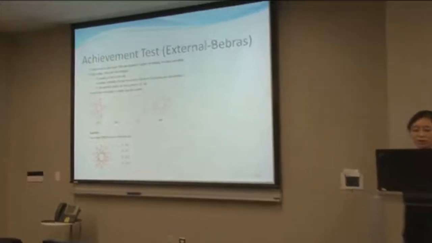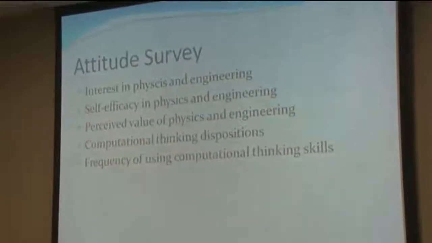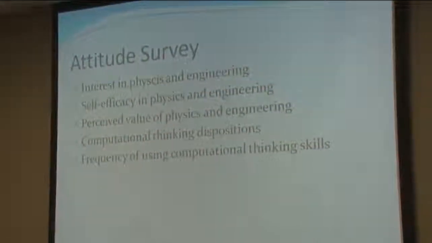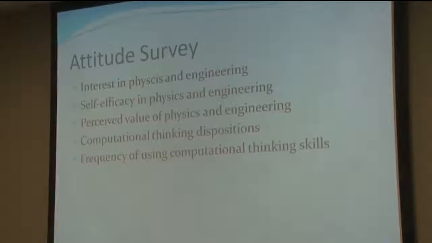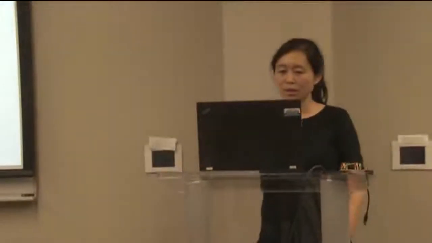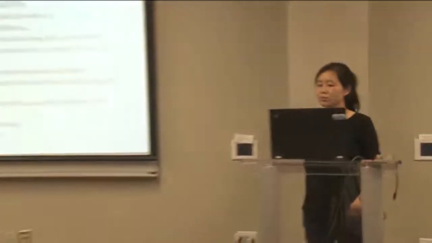I'll just go quick. As I said earlier, we have attitude surveys to measure different perspectives related to physics and engineering learning, and also computational thinking dispositions and the reported frequency of using different CT skills. And here are those questions we used.